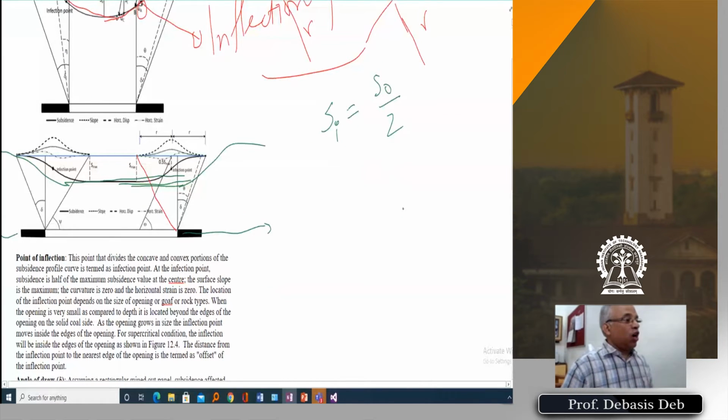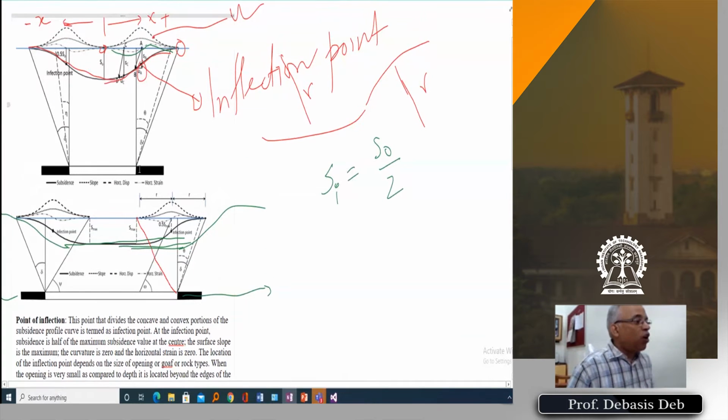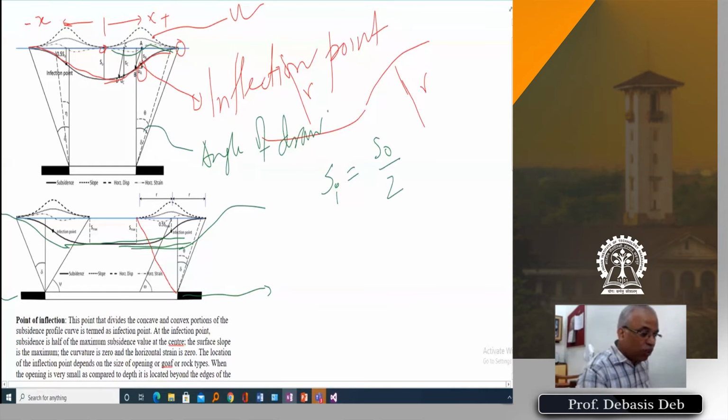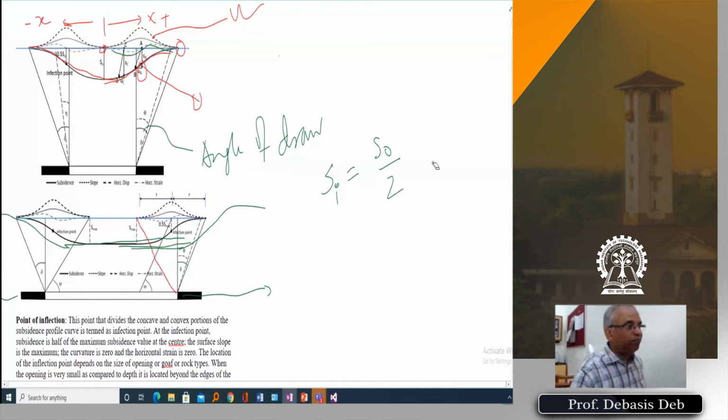Then the angle of draw. The angle of draw is this: from the panel corner, we go to the zero subsidence point, and with the vertical line, whatever the angle is, this delta angle is the angle of draw. By definition, draw means drawing the material.